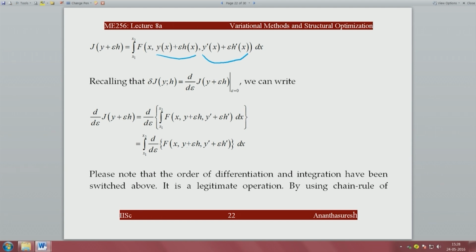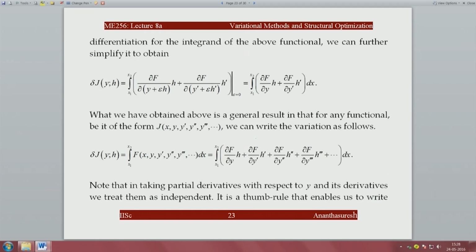When you do that, if we use the usual chain rule of differentiation, because now this integrand depends on y plus epsilon h and also y prime plus epsilon h prime, we can write it like this. Here we have dou f by dou of y plus epsilon h times h, plus dou f by dou of y prime plus epsilon h prime times h prime.